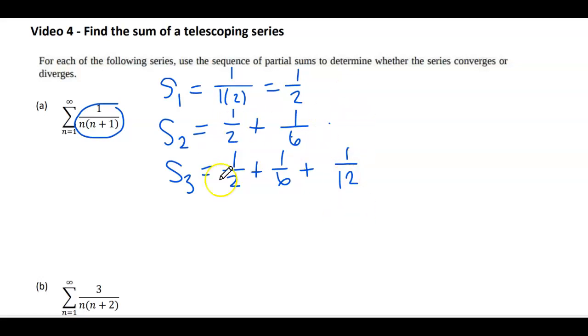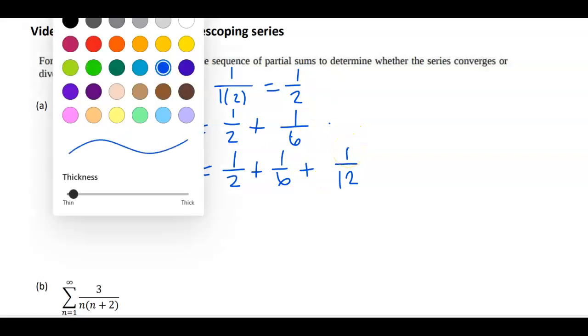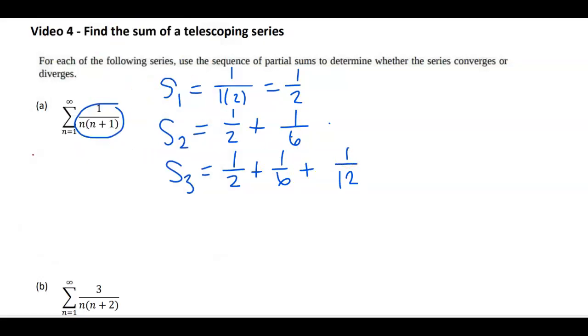And we could keep going on over and over and over again with this and try to figure out what this limit is. But another way you can look at this is we can do partial fraction decomposition.